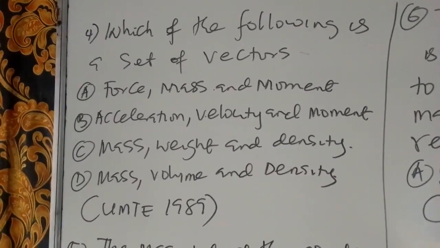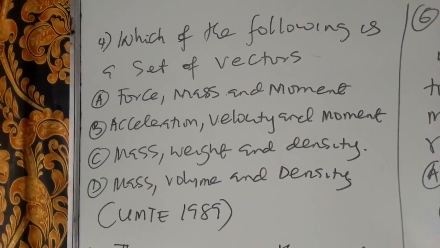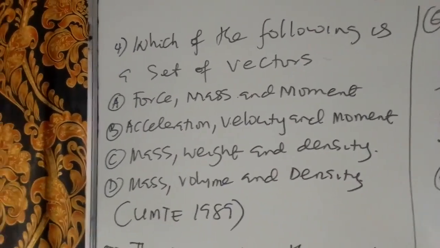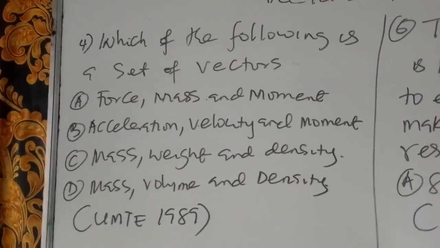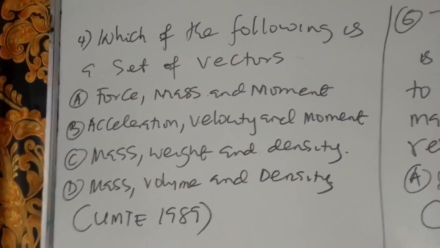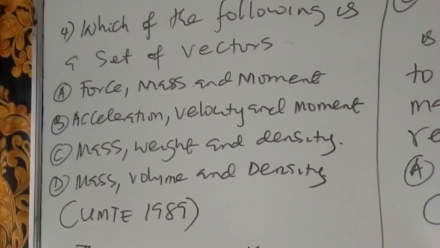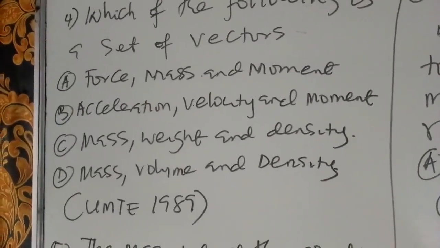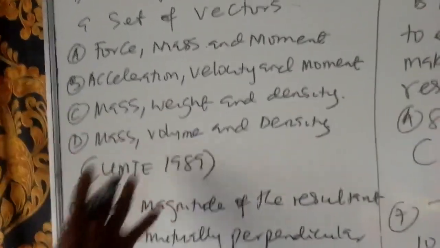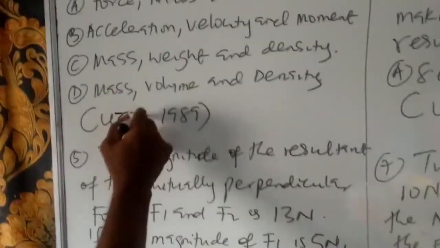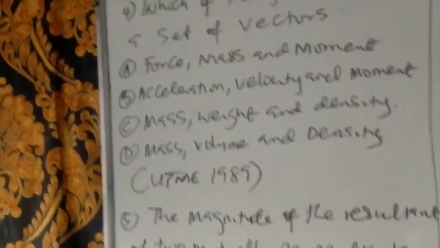Option D, mass, volume, and density. This is from the University Tertiary Matriculation Examination, UTME 1989, like the JAMB exam.